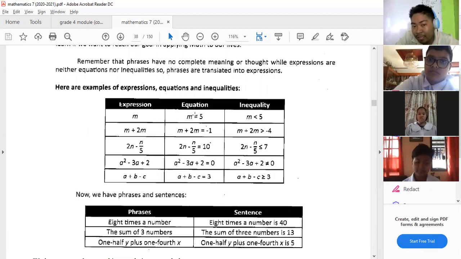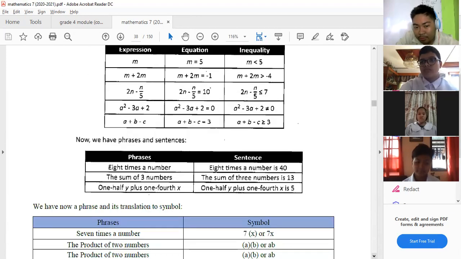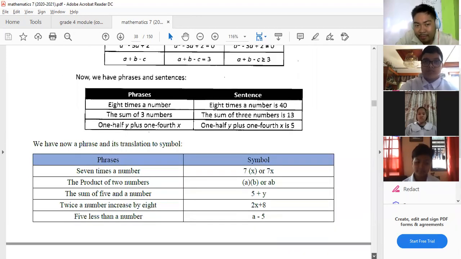So kapag equation yan, all of it has its equal sign. So lahat yan may equal sign. Kapag expression lang, walang equal sign, walang greater than, walang less than. Nakuha? Okay, so these are the phrases naman.